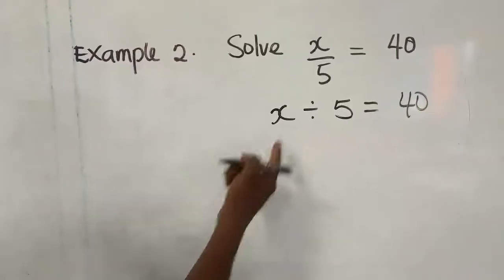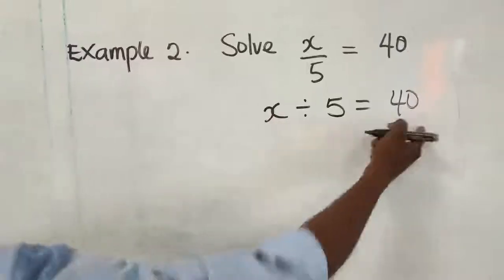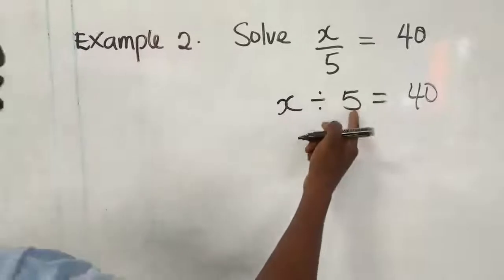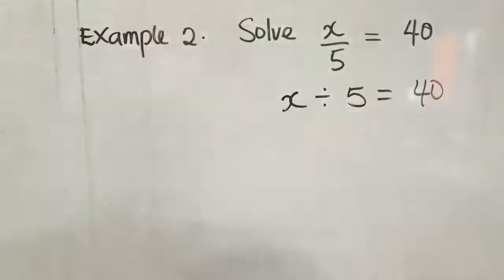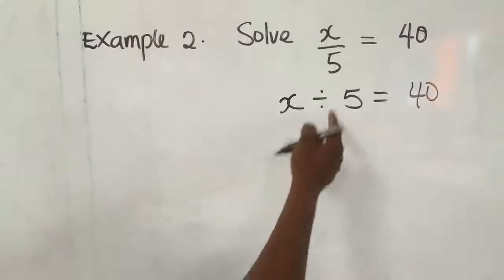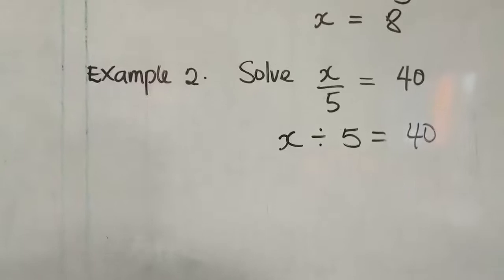Don't forget that x is the dividend, and the dividend is always the largest number when you compare it to the divisor and the quotient. So what could x be? To get this, we use the inverse of division to get the answer.